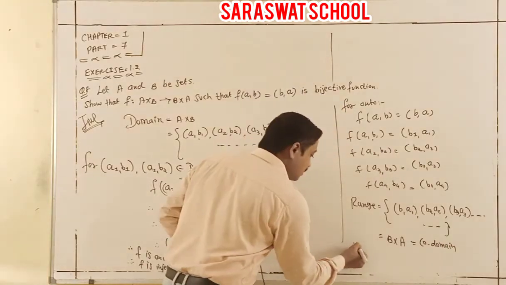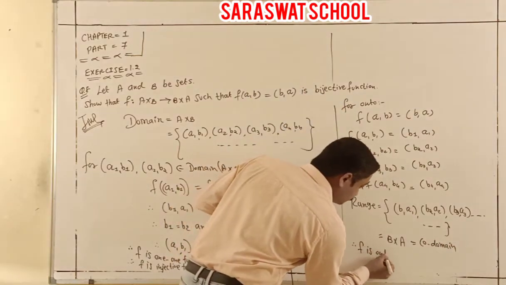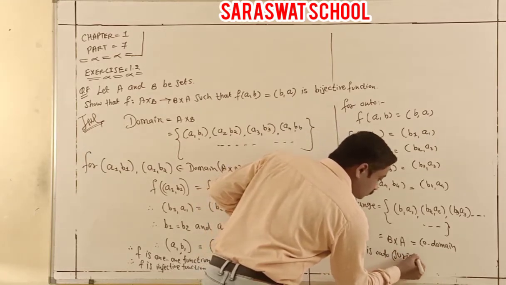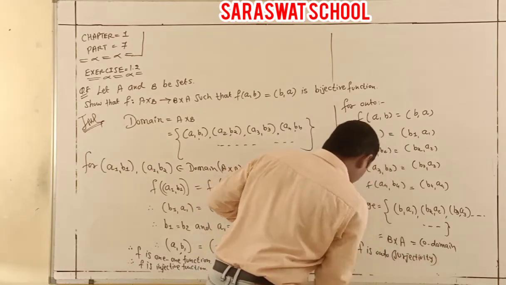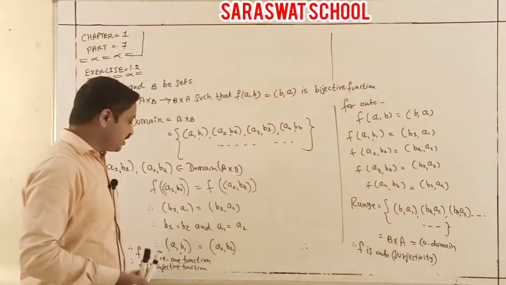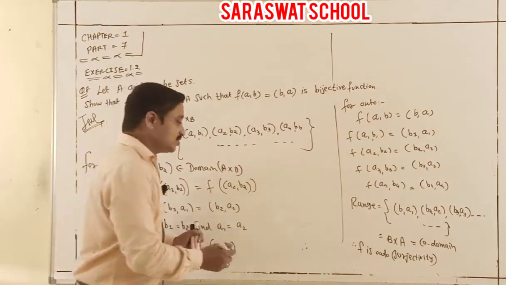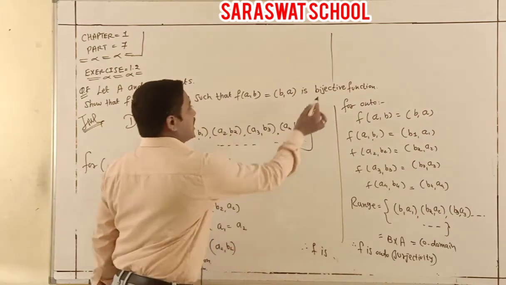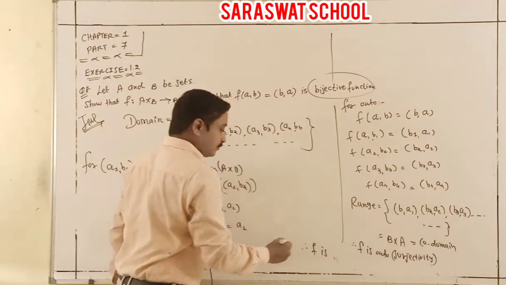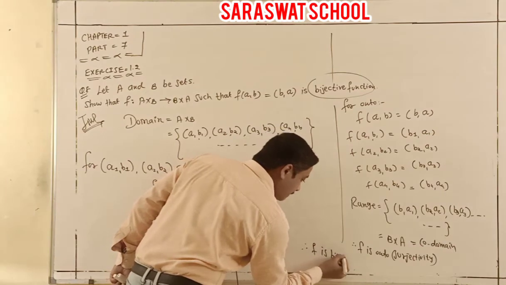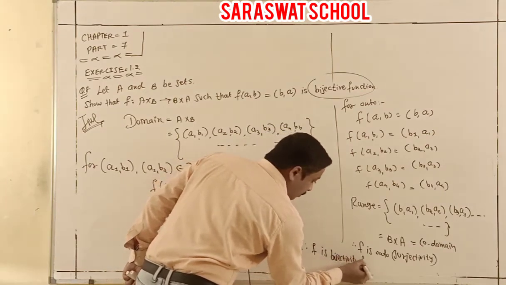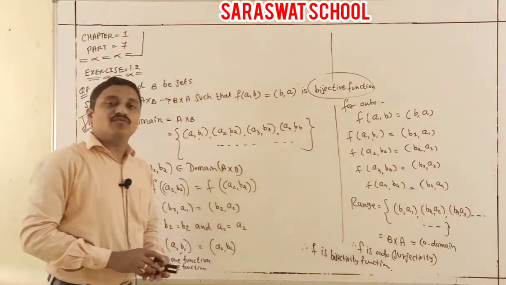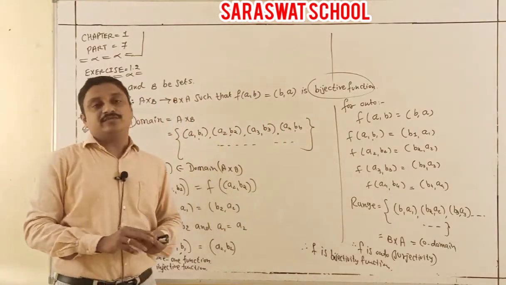Therefore, f is onto, otherwise surjective. Therefore, we can say it is injective and surjective. So f is bijective. These are finished there. Bijective function, and here you apply it to finally finish question 8.